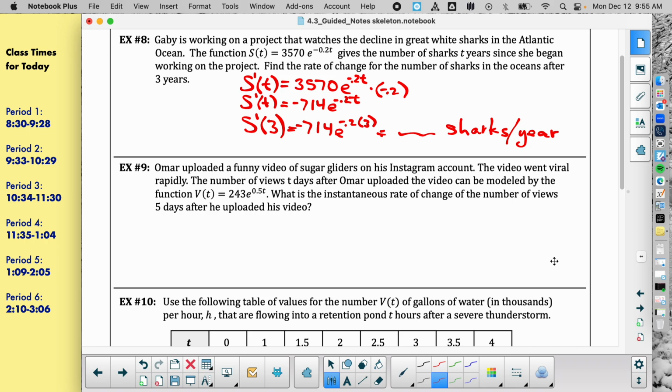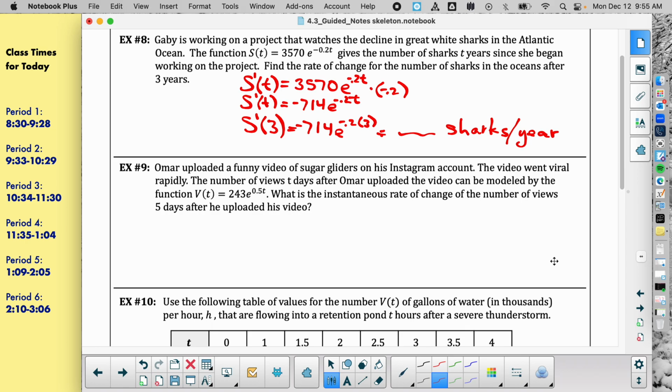So it says that that function stands for the number of views. So instantaneous rate is just the regular derivative. If it asked for the average rate of change, that would be plugging in both points, dividing by their difference, like algebra 2 slope.